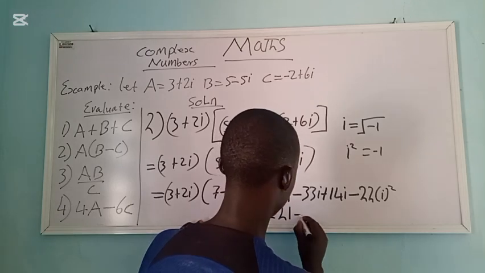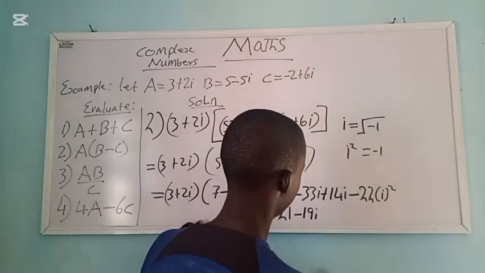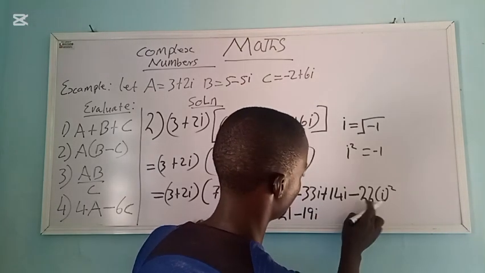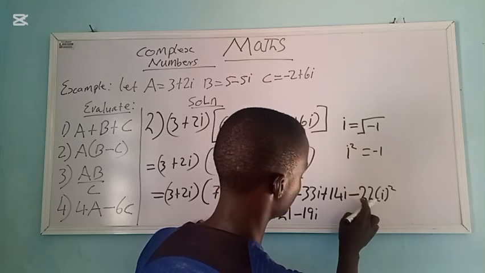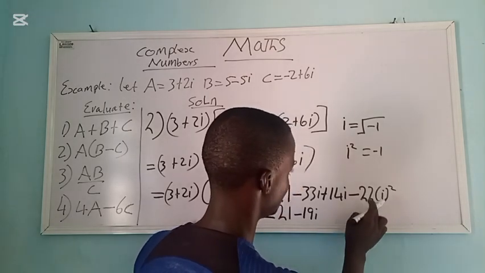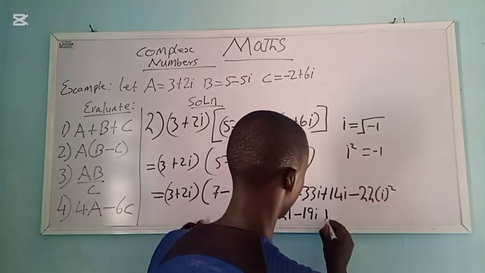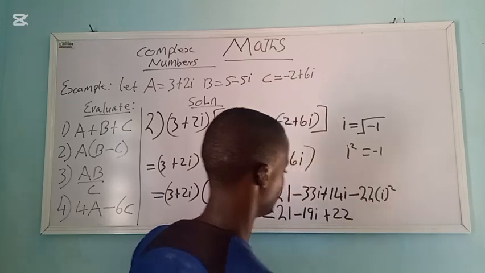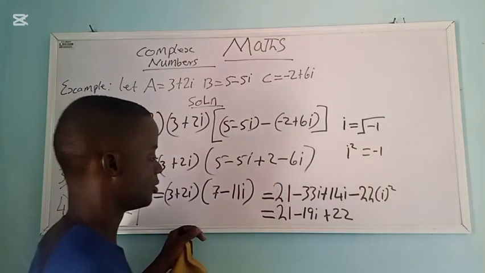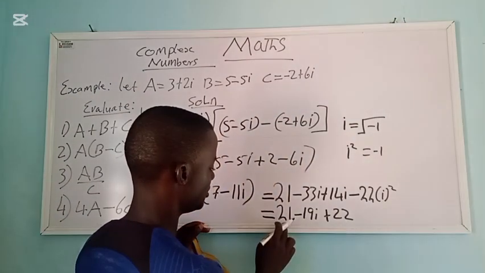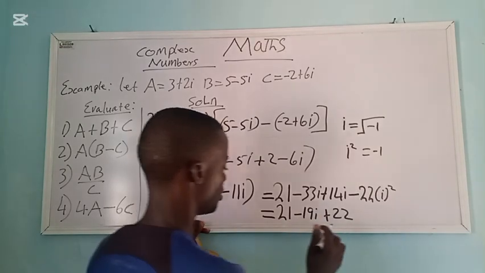It will be minus 19i. So now minus 22 times minus 1 will give you plus 22. So now we collect the like terms. So this one will be 43.